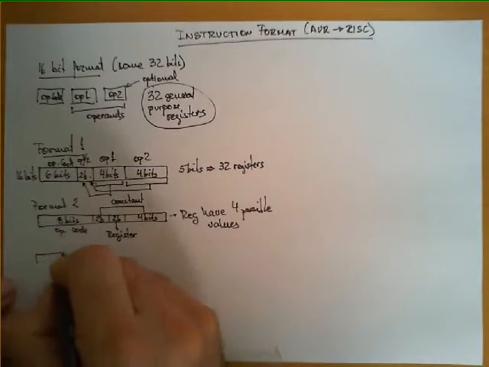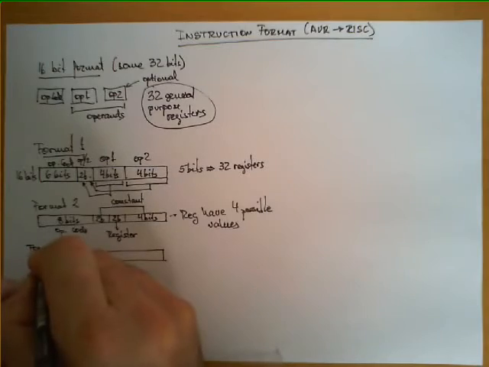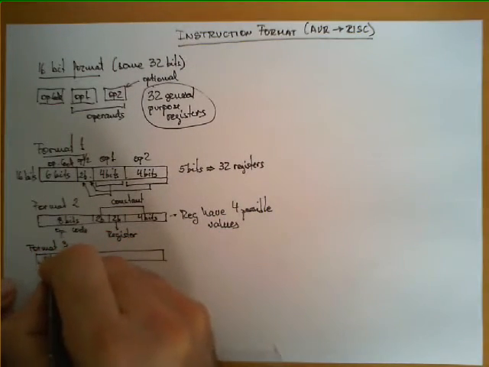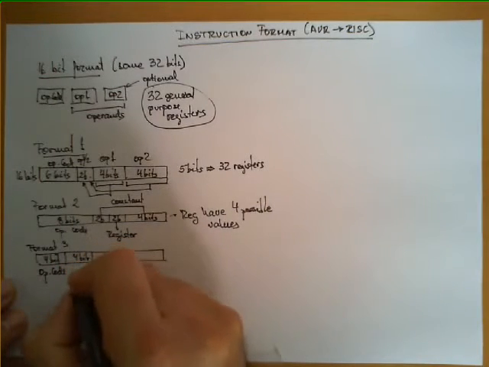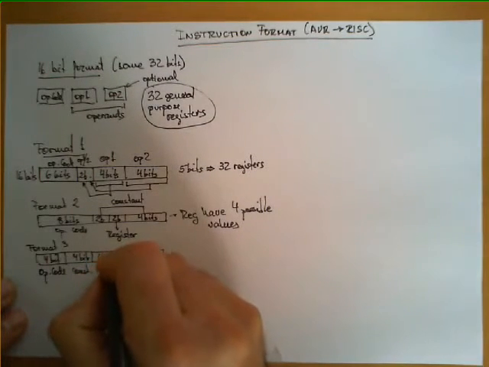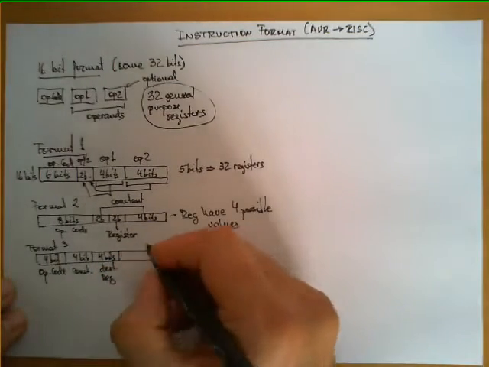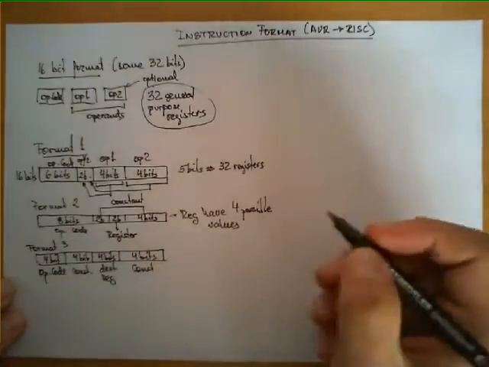A third format that is used by the microprocessor is this one. Let's call it format 3, in which we have 4 bits again of operation code. We have another 4 bits here, which we are going to use for a constant, 4 bits for the destination register, and the remaining 4 bits again for the constant.